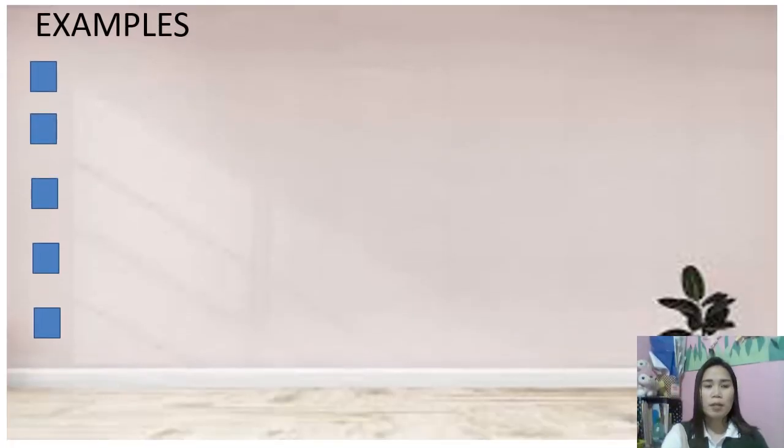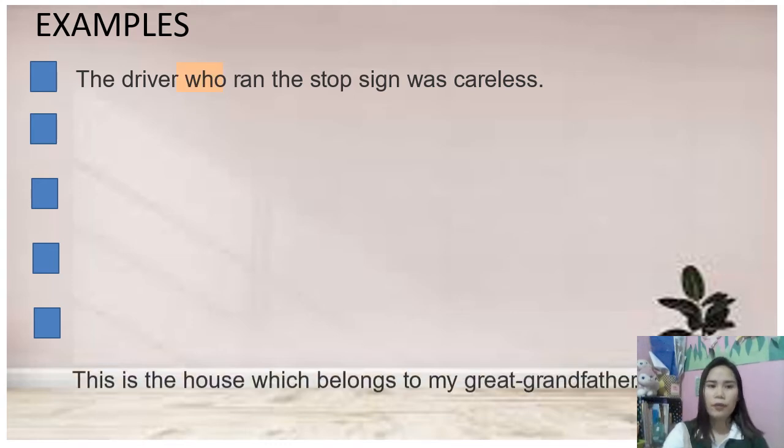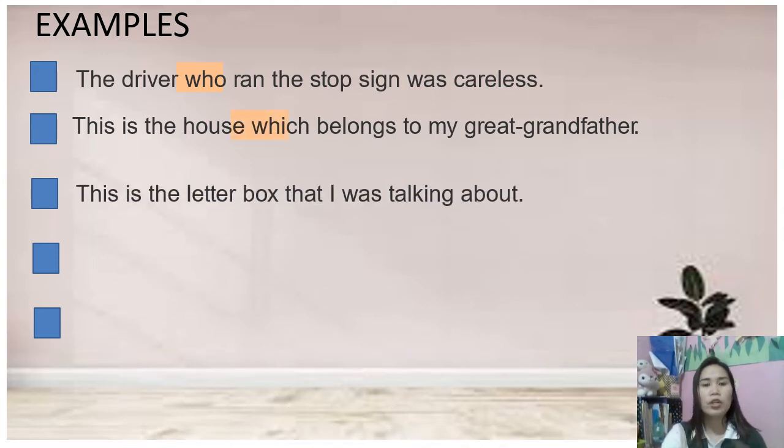So here are some examples. First, the driver who ran the stop sign was careless. Our relative pronoun is who, which refers to the driver. Next, we have this is the house which belongs to my great grandfather. So which refers to house, or gives another information about the house. Next, this is the letter box that I was talking about.